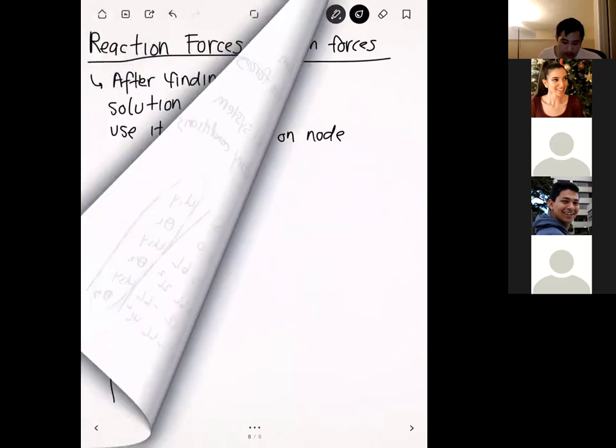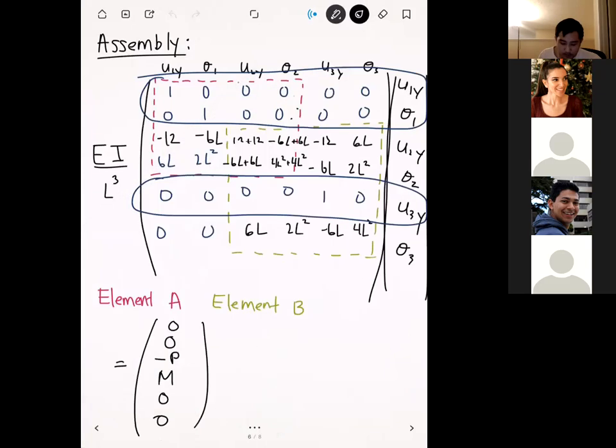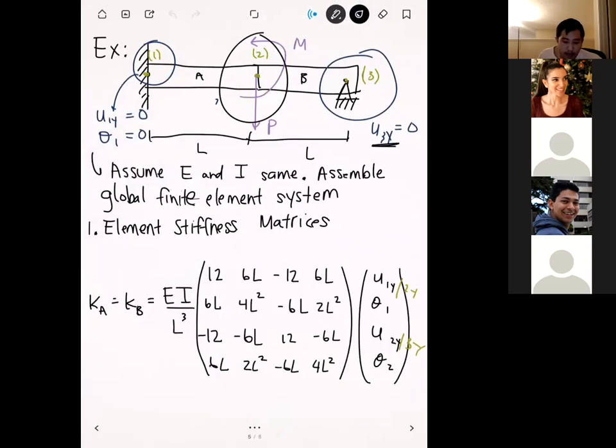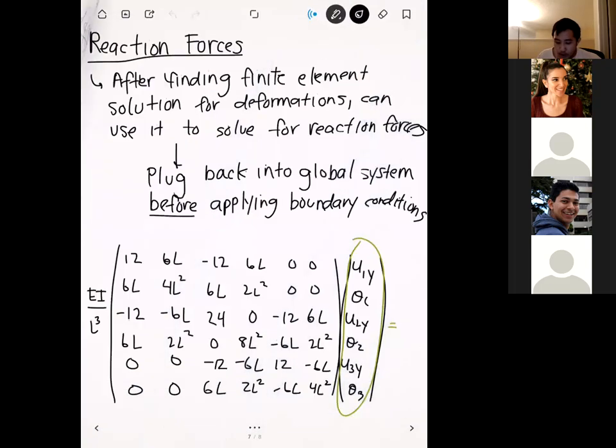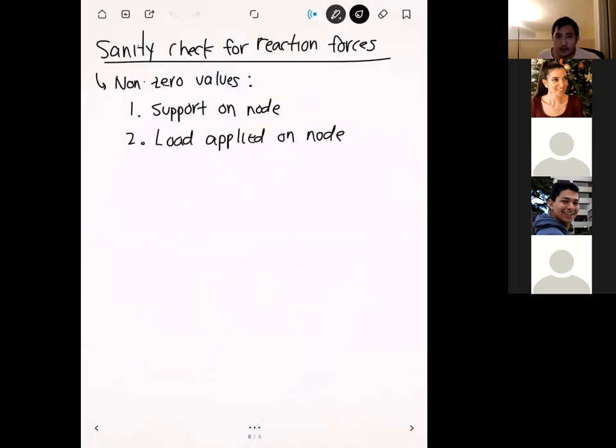And so if we go back to our example here, if we computed the reaction forces and reaction moments at node 2 on this example, the reaction force F2y, after you compute that, you should get exactly minus P, because that's what you're applying on there. And similarly, if you compute the reaction moment at node 2, you should get M because that's what we're directly applying, okay? And so those are the only two situations when you're computing reaction forces where you should get a non-zero number, okay?